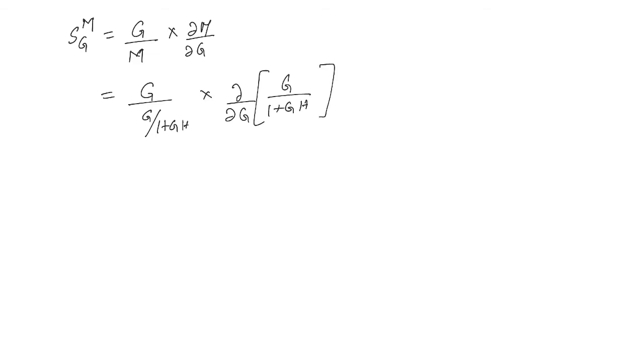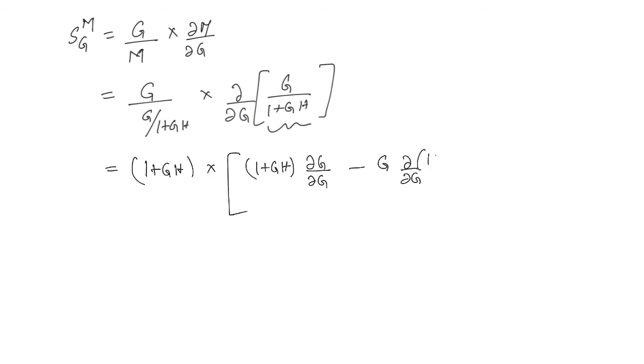This expression you are partially differentiating with respect to G. So this will be equal to (1 plus GH) into ∂G by ∂G, differentiation of numerator, minus G into ∂/∂G of (1 plus GH), divided by (1 plus GH) whole square.